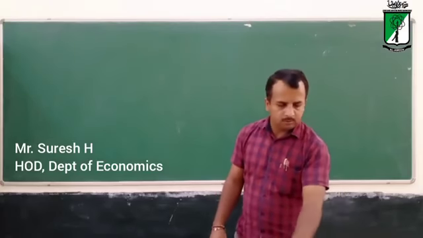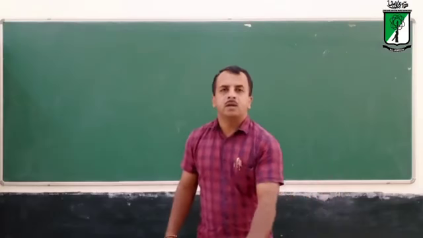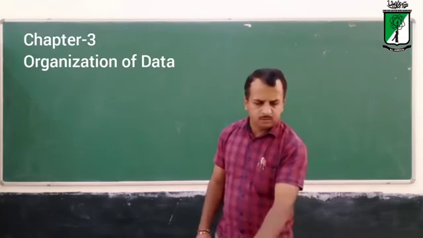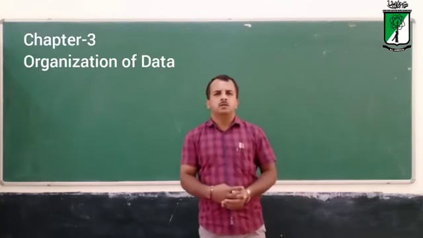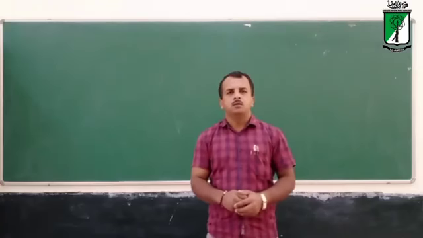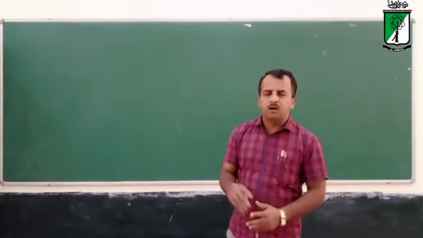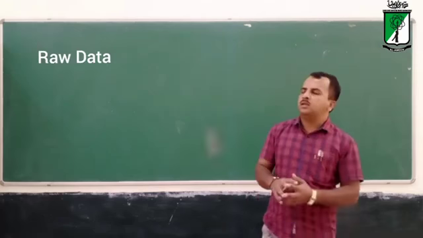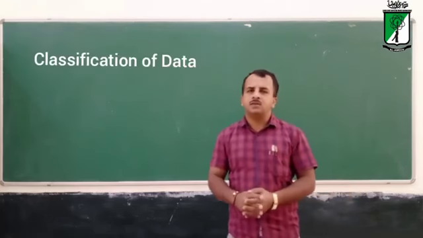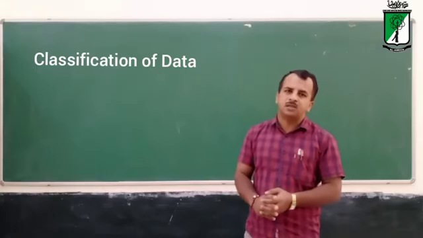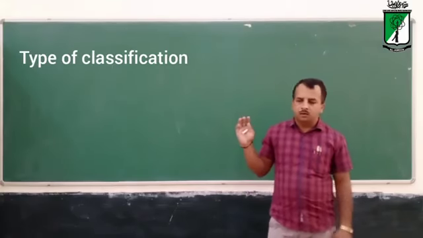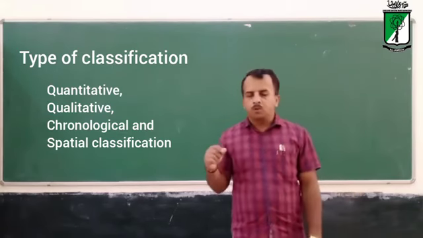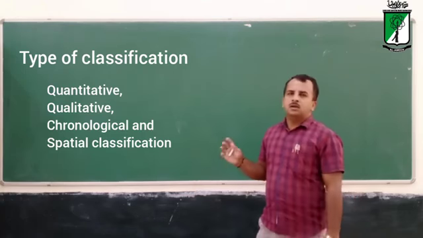So let me briefly recall what exactly we already discussed in our previous classes. In my previous classes, I started about organization of data. That is chapter 3 under part A. Under organization of data, I explained about the meaning of raw data, and classification of data and different types of classification, like quantitative classification, qualitative classification, and also chronological classification and spatial classification.